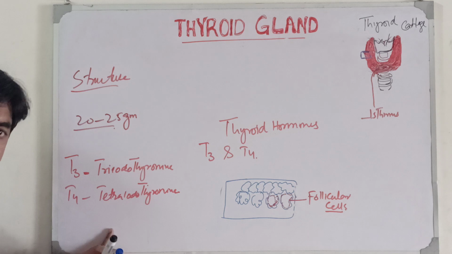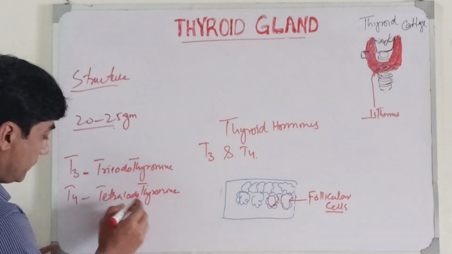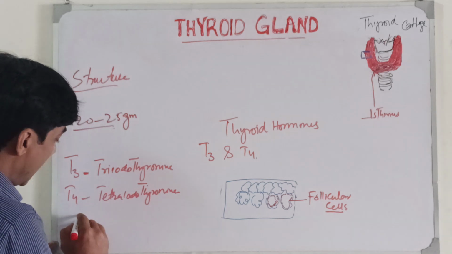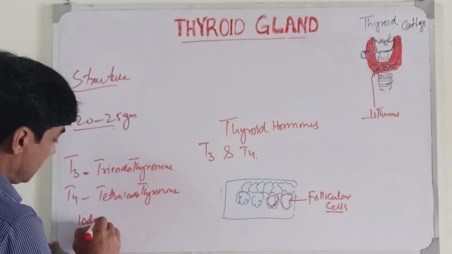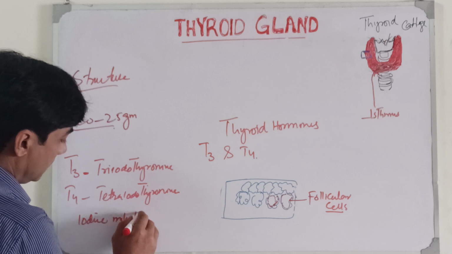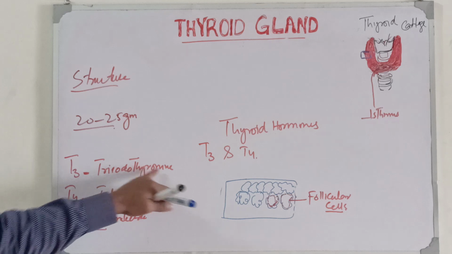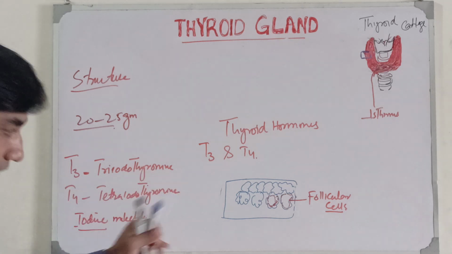These two hormones basically contain 3 and 4 iodine atoms respectively. That's why they are called triiodothyronine and tetraiodothyronine.